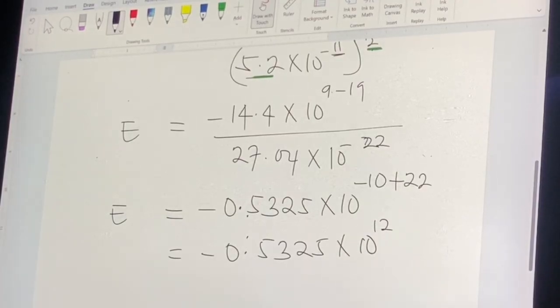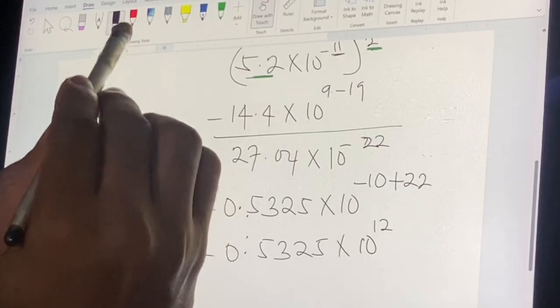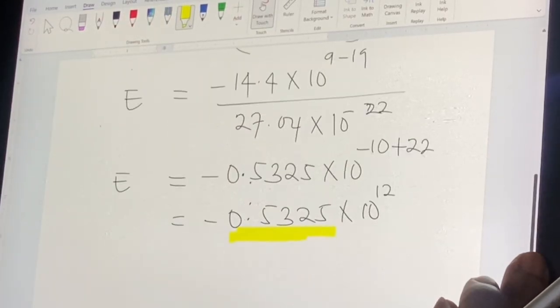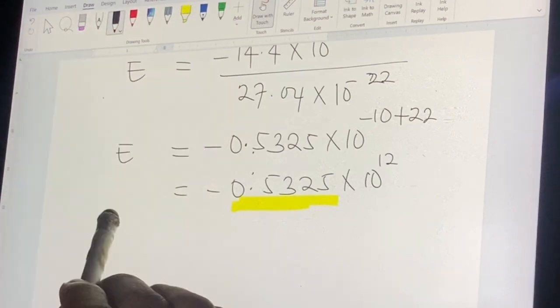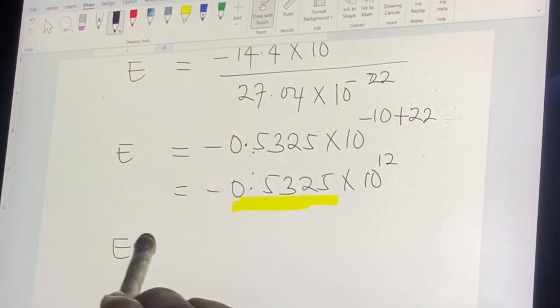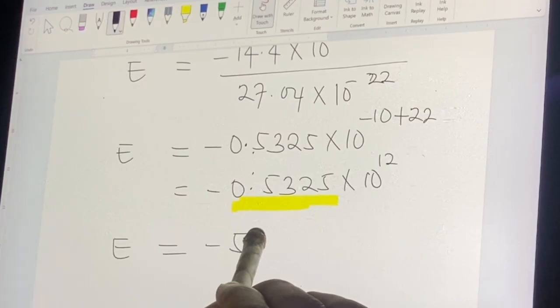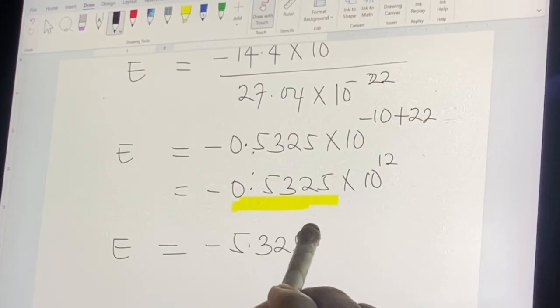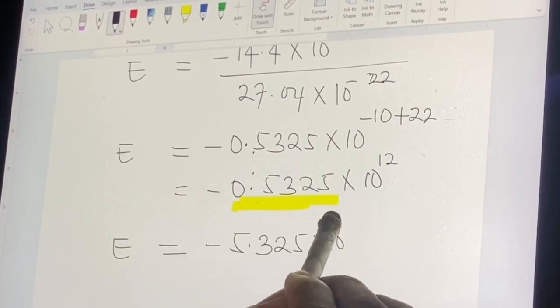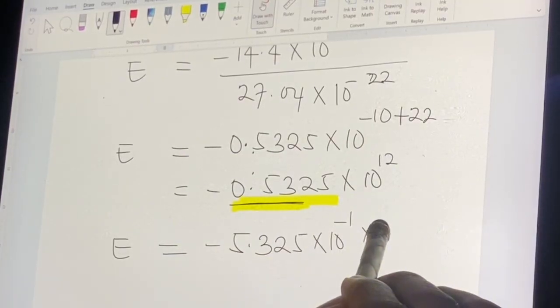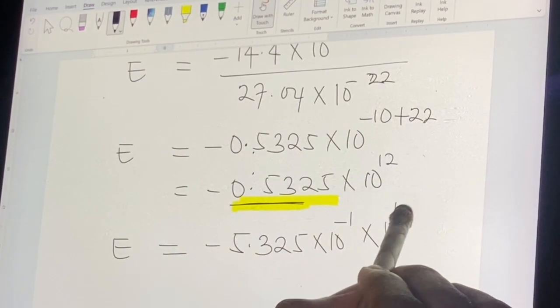Okay, so let's represent everything here in standard form. The value of our E, which represents the electric field, will be equal to minus 5.325 times 10 raised to the power of minus 1, from here, times the left power here, which is 10 raised to the power of 12.